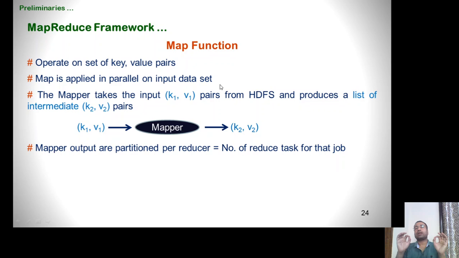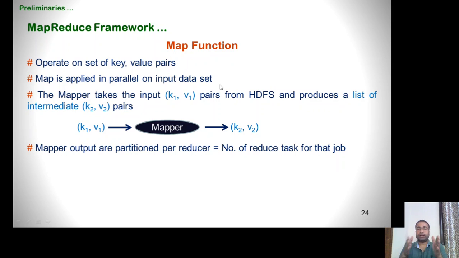So there is more than one map operation; the mapper function will execute on different blocks of data, right? Because there are n number of data blocks, n number of mappers will be executed, one for each data block.